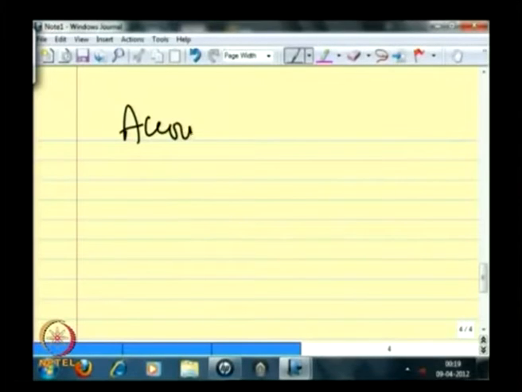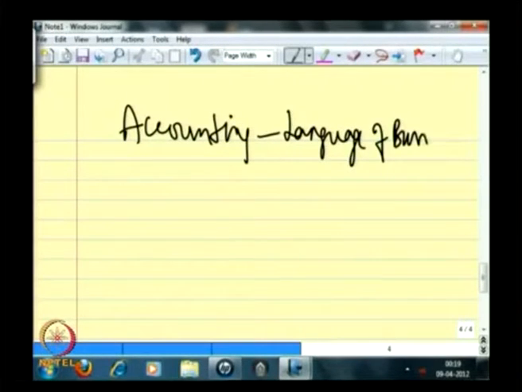So, accounting is hence, in my opinion, I told you last class, has become the language of business. Any type of business, it could be a government, a private, or whoever, it has become the language of business.